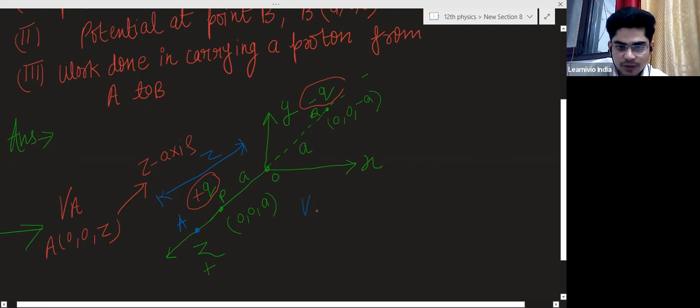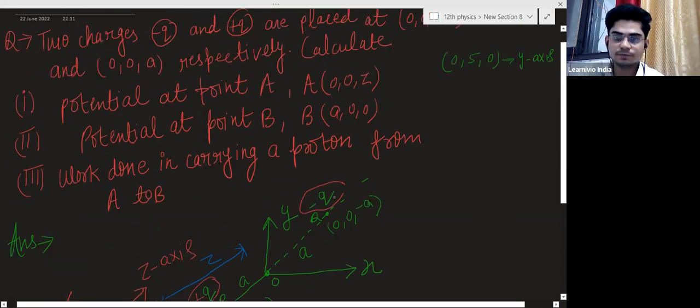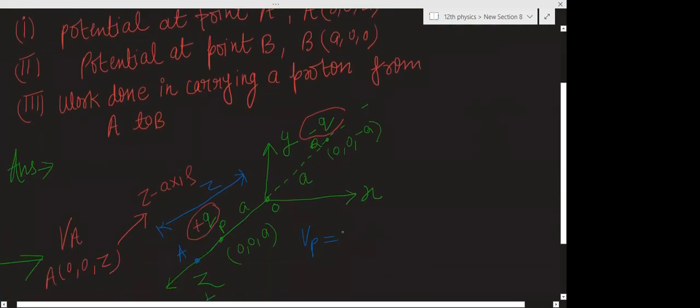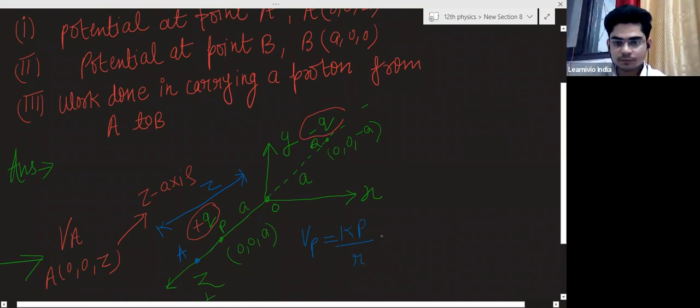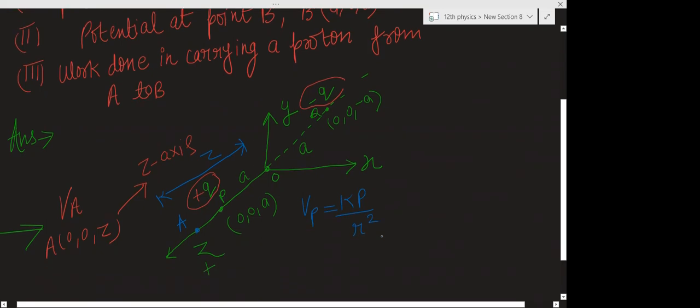For the axis of a dipole, we have the formula we derived: Kp divided by r square.